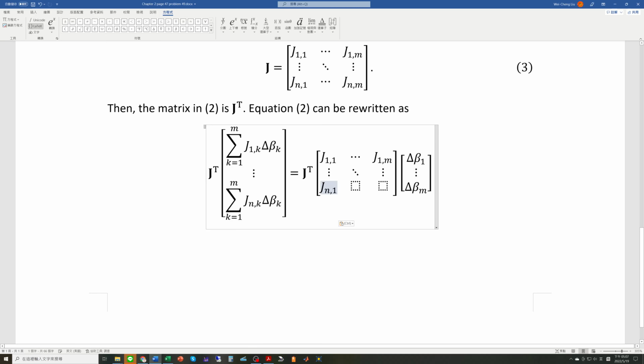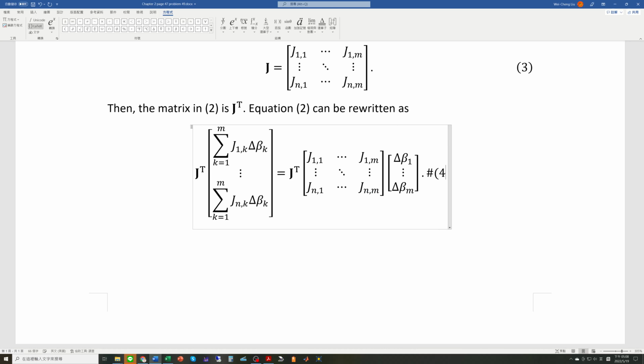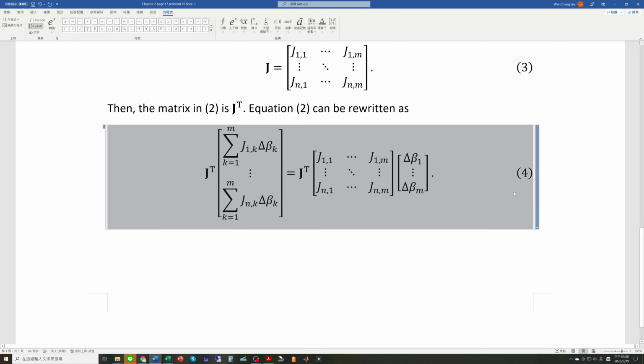And the horizontal dots, and the last element should be JNK, where K is equal to M. So it should be JNM. Like this. It is equation 4. Let us continue.